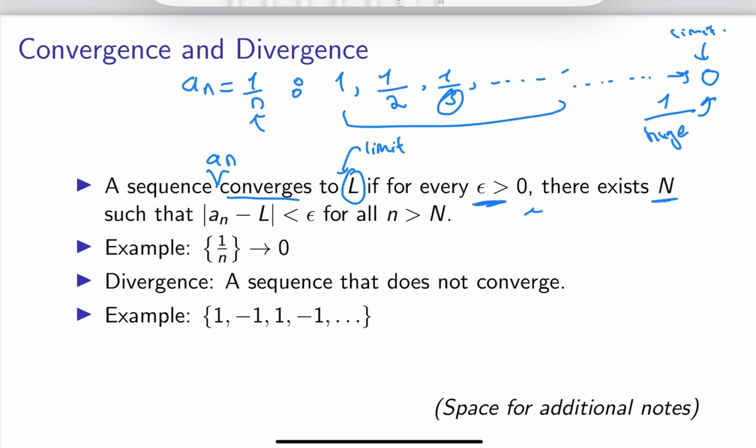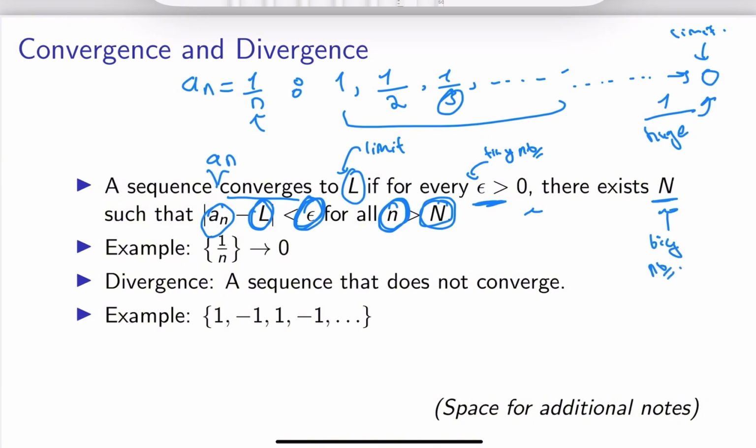So let me just tell you the idea. What does this definition mean? It means that if you choose an N big enough, and you look at indices that are bigger than that N, then a_n will be close to L, and it will be close enough, right? By epsilon here we mean a very small number, a tiny number, and you can think of N as a big number.